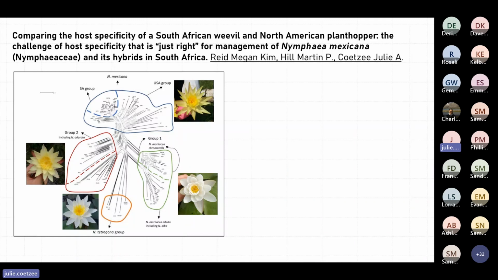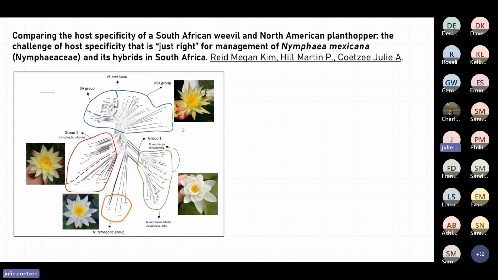Now, Nymphaea mexicana is this beautiful yellow water lily that has many, many hybrids due to the horticultural industry. And in South Africa, there are very few populations of pure Nymphaea mexicana. Most of them are hybrids with two or more different Nymphaea groups.